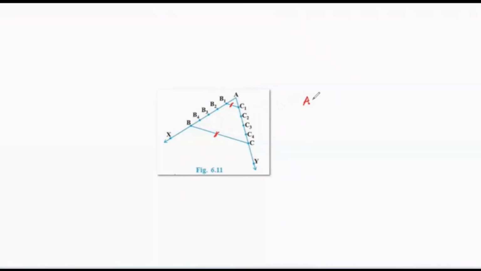Here, look at AB1 by B1B, and AC1 by C1C. Can you tell this in numbers? In numbers, these are all equal.